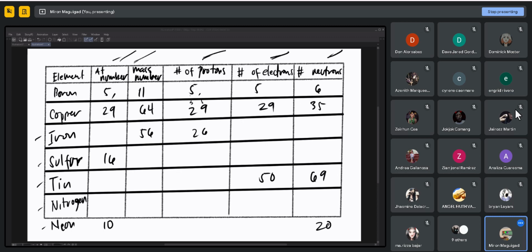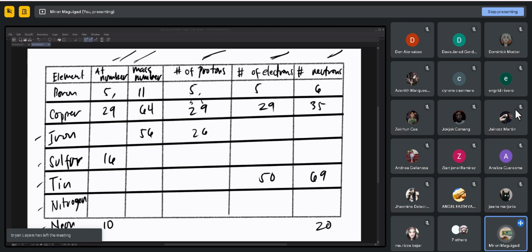Okay guys, time's up. Magtatawag na lang ba ako? And then, counter check na lang natin. Or, sagutan ko na lang lahat. Then, check your paper. Okay? Let's be honest. Okay?